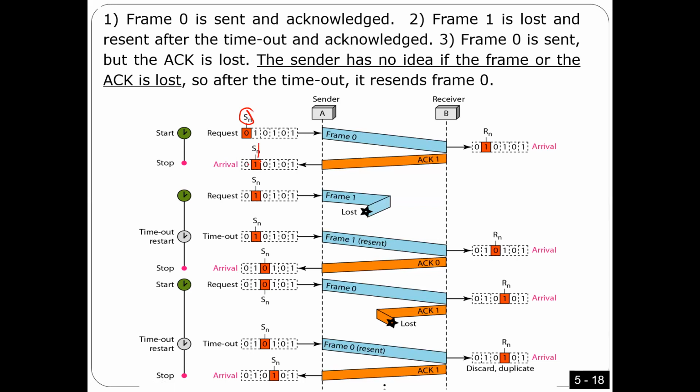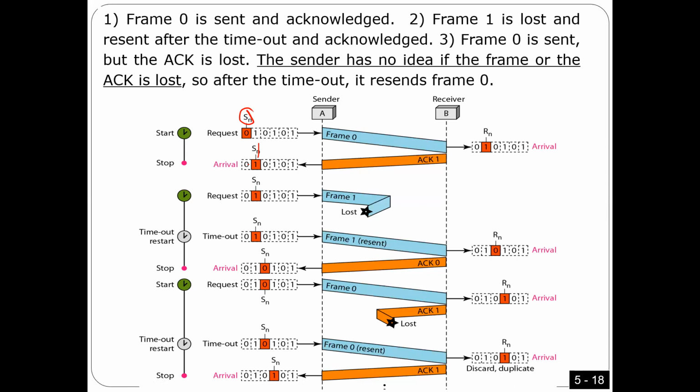The SN here is telling me which frame I have to transmit right now. So I have to transmit frame 0. I transmitted it, and once I receive the acknowledgement, I'm going to move this one to here, and so on. Here, the size of the window is only 1 frame. You get what I'm saying? That's why we don't call it a window, because it's only 1 frame.